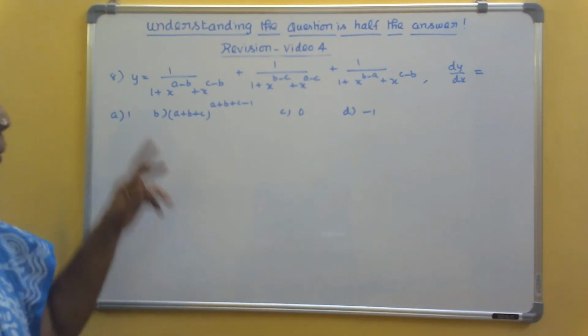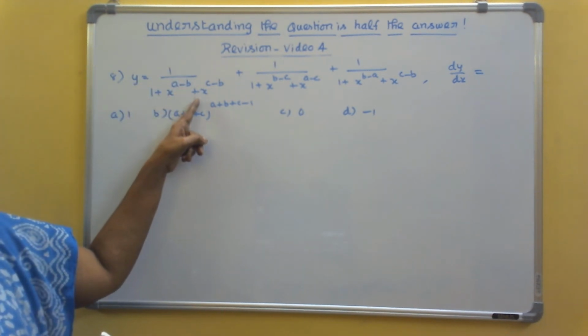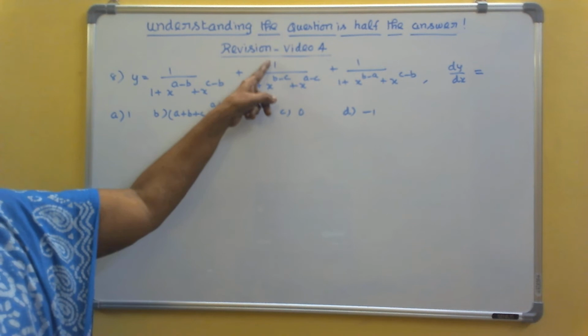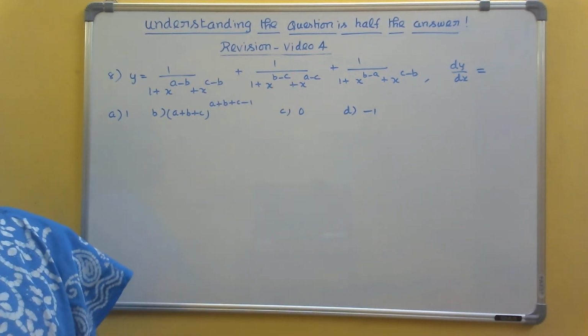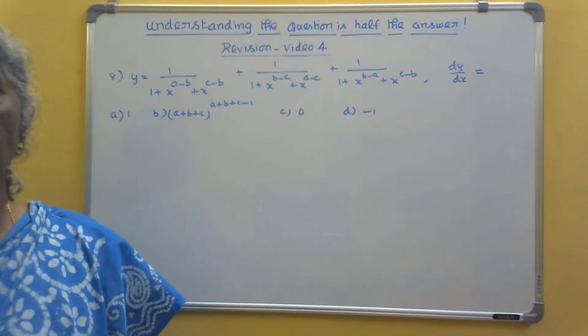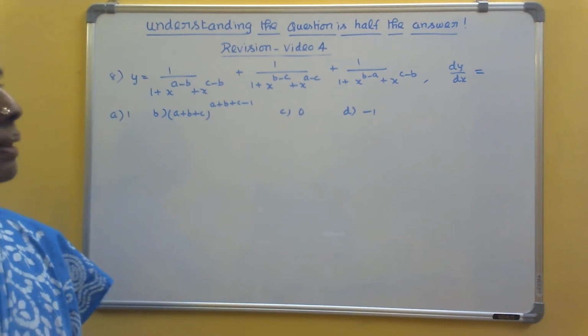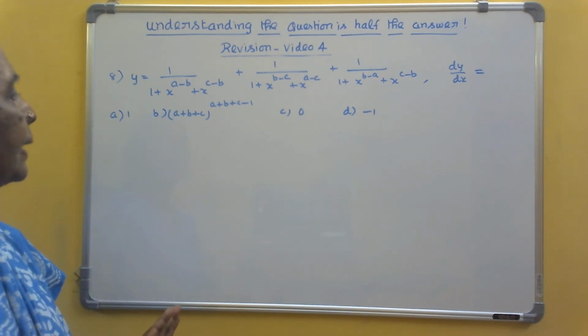Eighth sum. Y is equal to 1 by 1 plus x power a minus b plus x power c minus b, plus 1 by 1 plus x power b minus c plus x power a minus c, plus 1 by 1 plus x power b minus a plus x power c minus a. dy by dx is equal to.